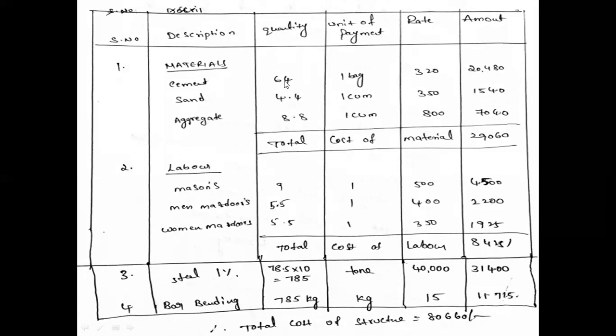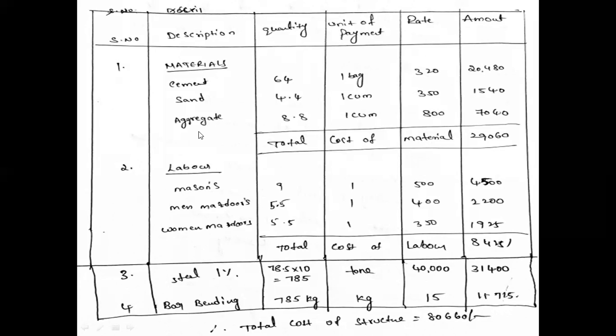First one, cement requirement is 64 bags. Unit of payment is 1 bag. Rate is 320 rupees. Amount for cement is 20,480, means 64 into 320 rupees. Next one, sand requirement quantity 4.4. Unit of payment 1 cubic meter, rate is 350 rupees. 350 into 4.4, that is equal to 1,540 rupees.